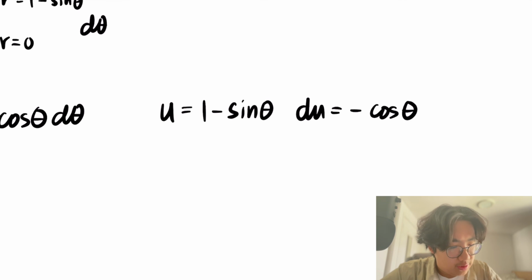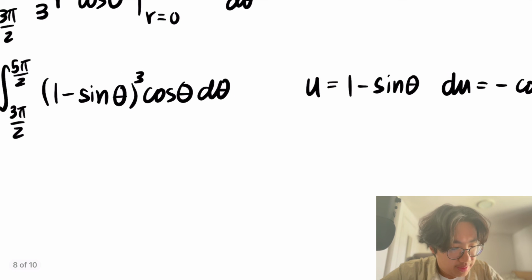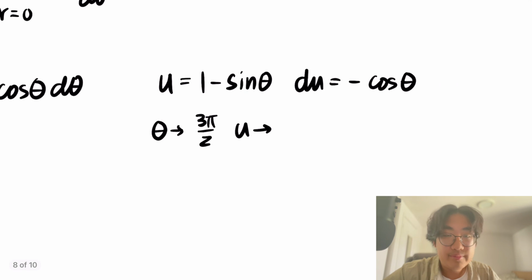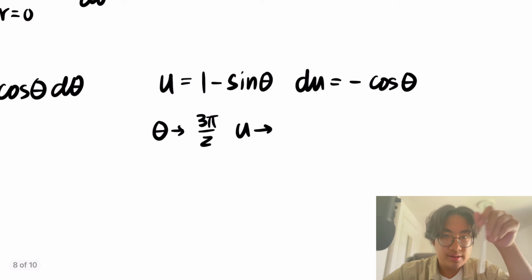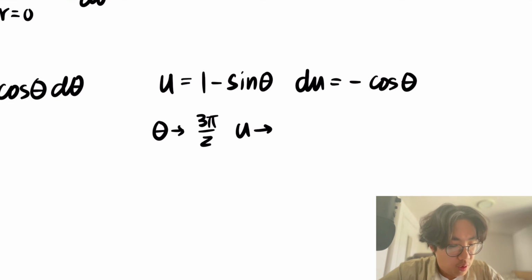Now we can consider the limits of integration. As theta approaches 3 pi over 2, sine 3 pi over 2 gives you negative 1. So you have 1 minus negative 1, so u approaches 2.